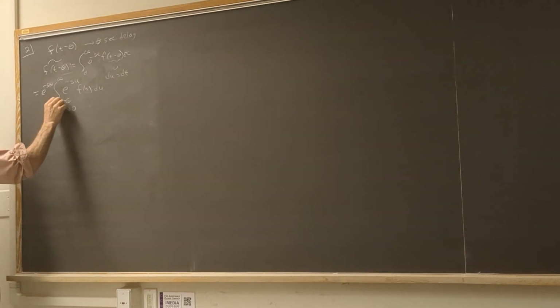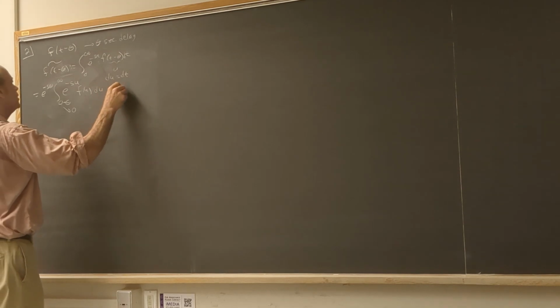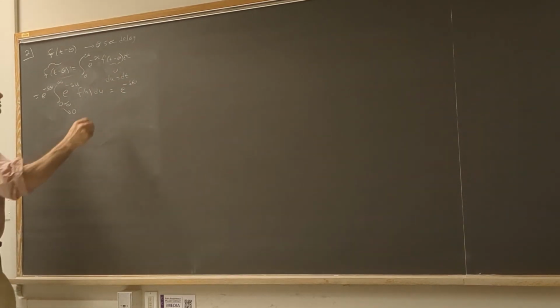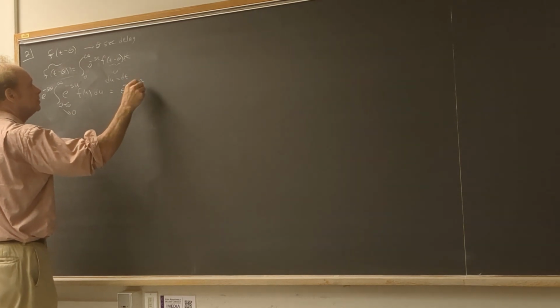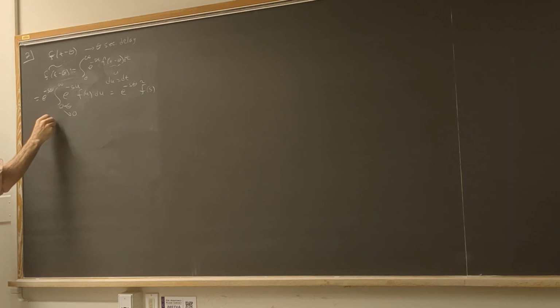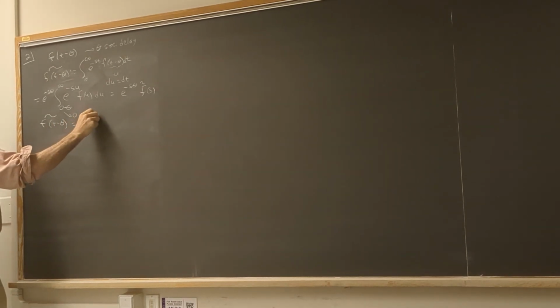I'm sorry, this is 0 minus theta, which is 0. In which case, this is e to the minus s theta times f tilde of s. So we know that f of t minus theta tilde is e to the minus s theta f tilde of s.